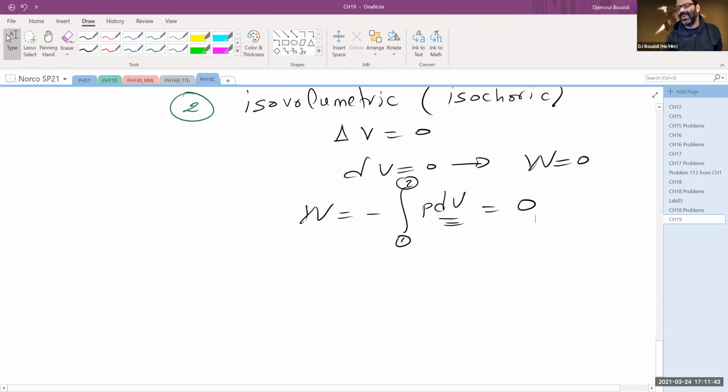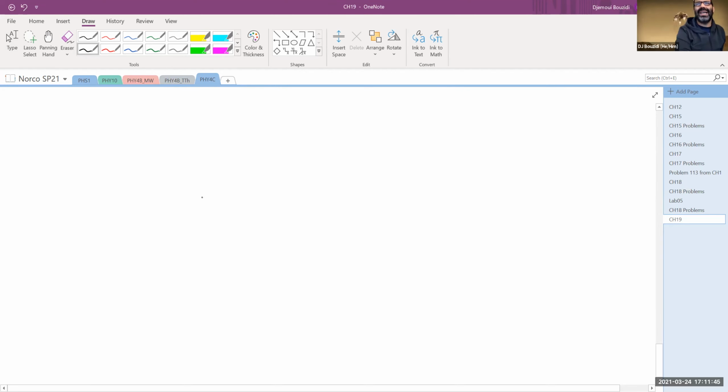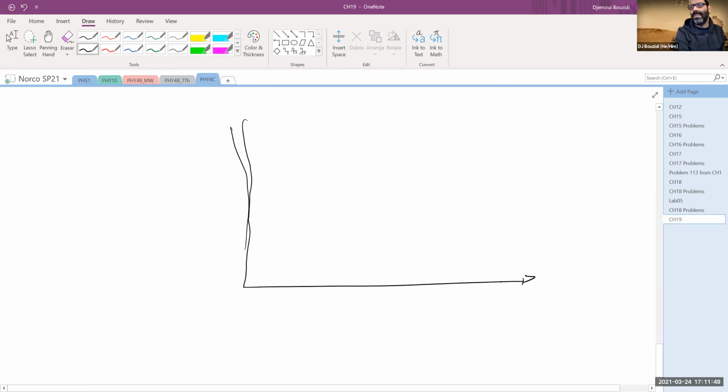Let's see how it looks on a PV diagram. I'm going to take a gas. This is the volume, this is the pressure, and I'm going to take a starting point in here, P0, V0.